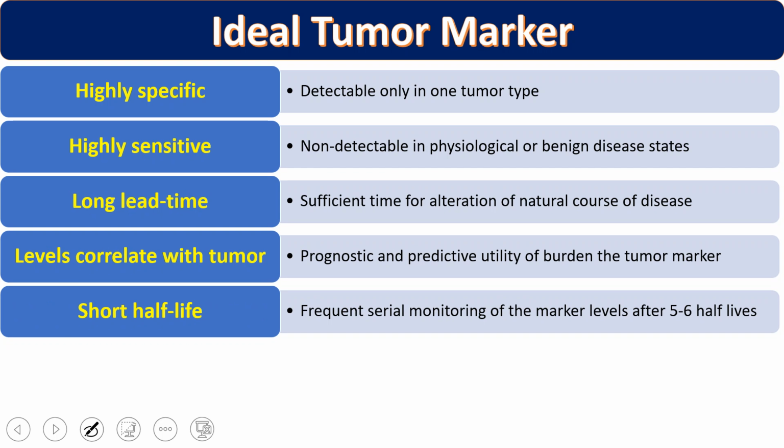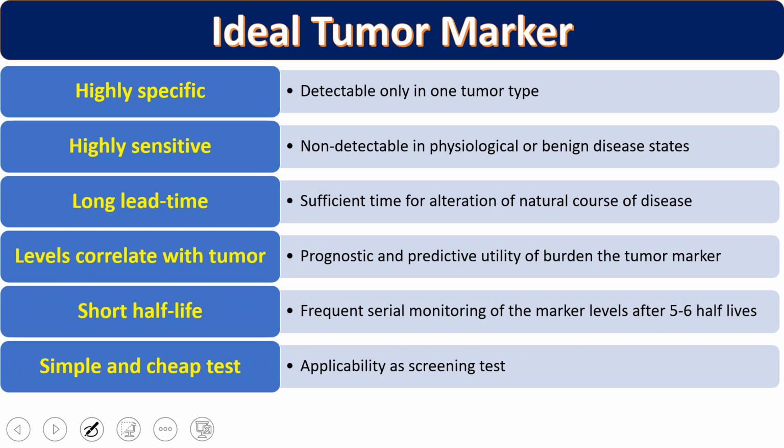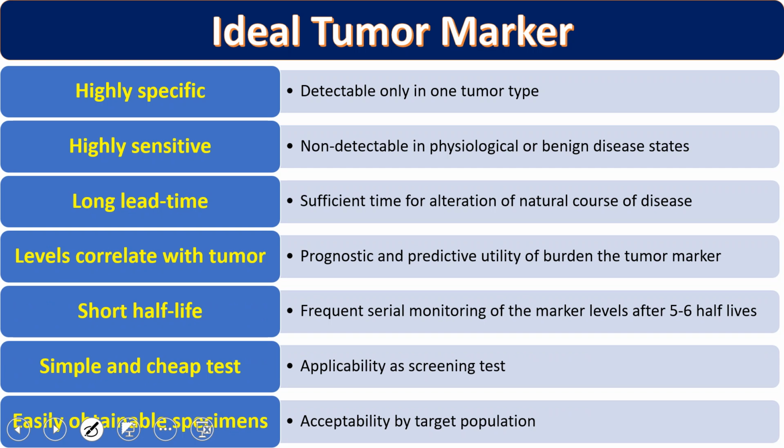It should have a short half-life, allowing frequent serial monitoring within 5 to 6 half-lives. Tests should be simple and cheap, so they are affordable for everyone for screening purposes, and specimens should be easily obtainable, so samples can be withdrawn easily from persons.